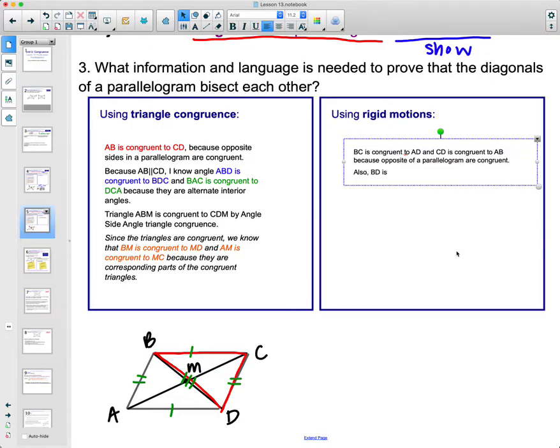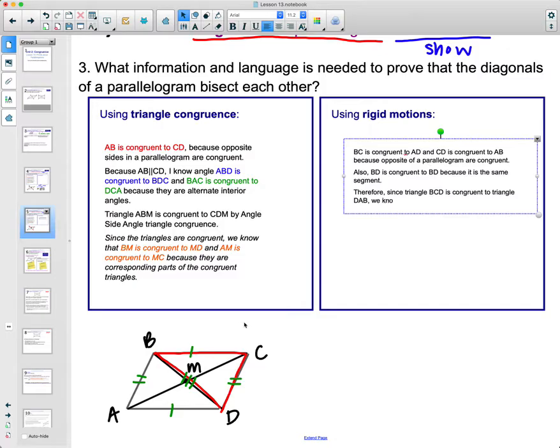Also, BD is congruent to BD because it is the same segment. Therefore, since triangle BCD is congruent to triangle DAB by side, side, side.